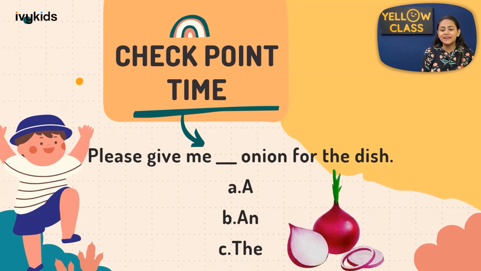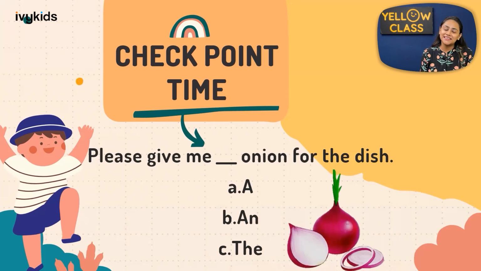Now you have to identify which article will be the correct answer here: a, an, or the. Please give me dash onion for the dish. Dish means I'm cooking something, I'm preparing food. So I want dash onion. Please give me dash onion. Okay.